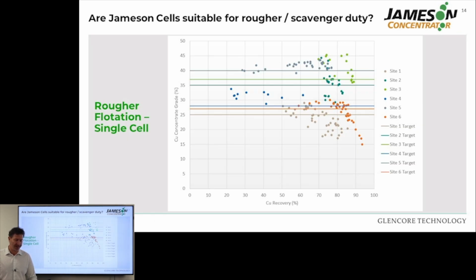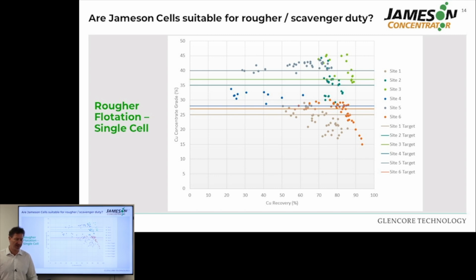So on this next slide, I could go on, but I'm just trying to summarize all other results from other sites. So these are 6 operating sites, with target concentrate grade. And this is a Jameson cell in a rougher scalper duty and the performance of the Jameson cell.